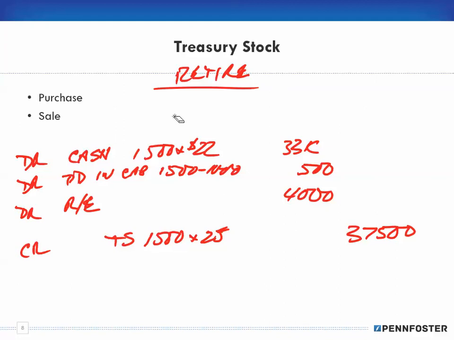Try to follow along and watch those particular entries, realizing that you're going to have an effect on your paid-in capital, and really that's no different than what you had done with common stock and preferred stock, okay? The only difference here is with the treasury stock, you're able to buy it from the marketplace, and you're able to sell it back into the marketplace before you decide to retire the stock.